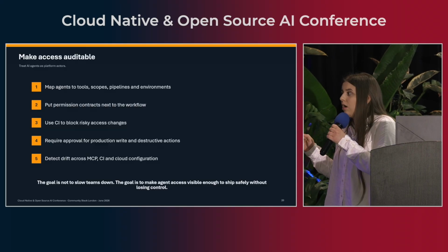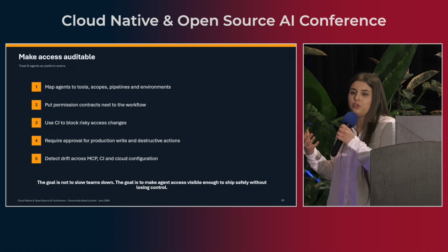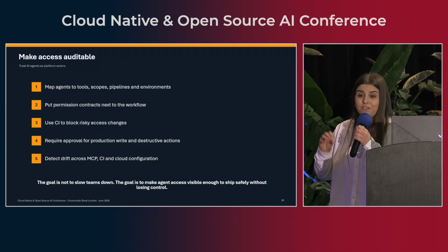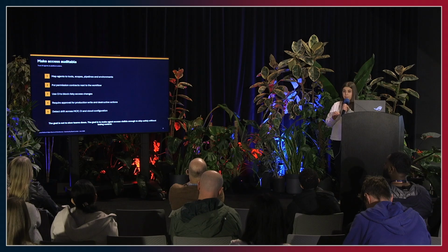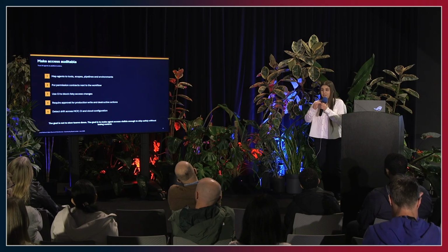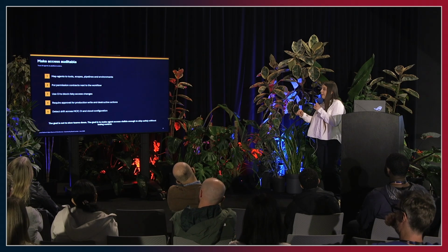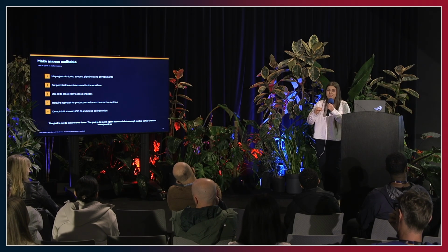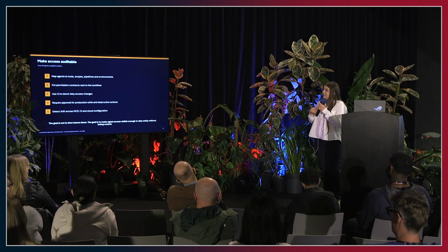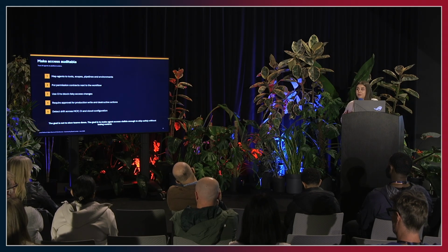Permission contracts are an important part here because we want to make sure that the context doesn't get away from the original defined by the organization, by the business people who don't care about your agents, but they need to be able to be in charge of those permissions. Because we want to not allow different agents from different teams to access all of the contracts just because it's easier.